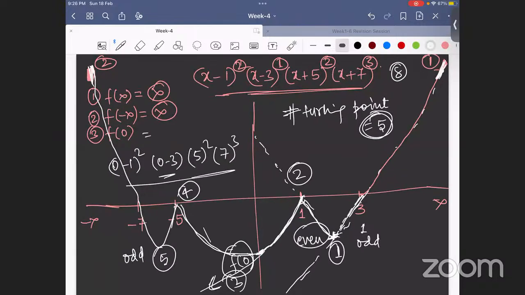Okay. And in the same plot, if you are saying that the function is increasing from 3 to infinity, is this a correct statement or not? Yeah, that's totally correct, right? You can see that from 3 to infinity, the function values are increasing. You can take any values x1 and x2, where x2 is greater than x1.